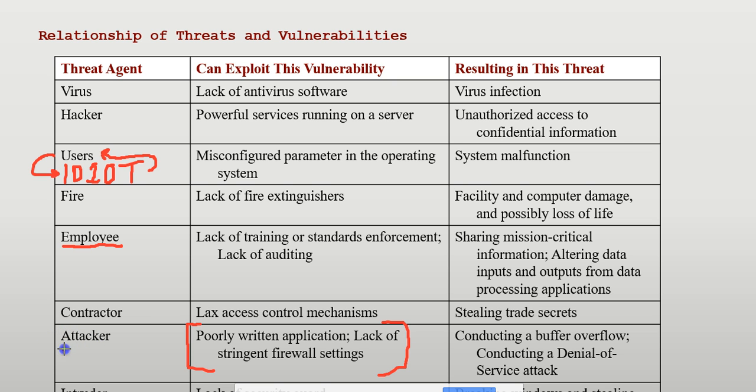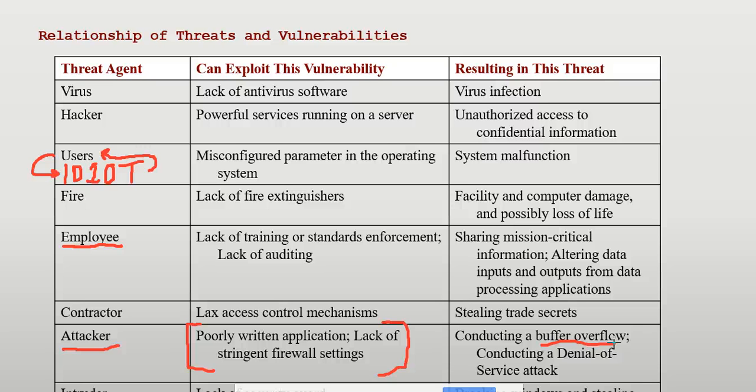This is specifically important because if we can look at a poorly written application and then maybe do a buffer overflow, or search for some dead code that's in there that's not being used, or maybe perform a denial of service on it, then there's a good chance that we can catch the failure in that poorly written application, and then inject our nastiness into that catching of the error.